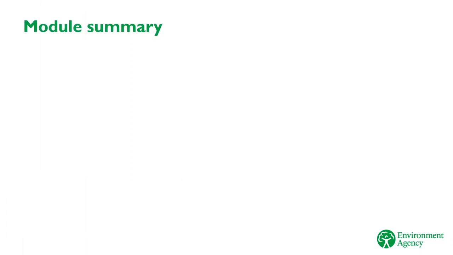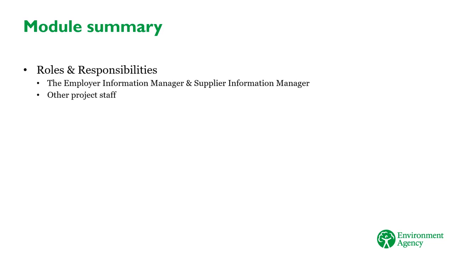In this module, you've learned about the activities that need to be completed during stage delivery, and once you've completed a stage. You've learned about the key roles and responsibilities for information management. These are the roles of the Employer Information Manager and Supplier Information Manager, to oversee the transfer and verification of information and the responsibility that other project staff have to follow BIM information management processes when delivering their work.